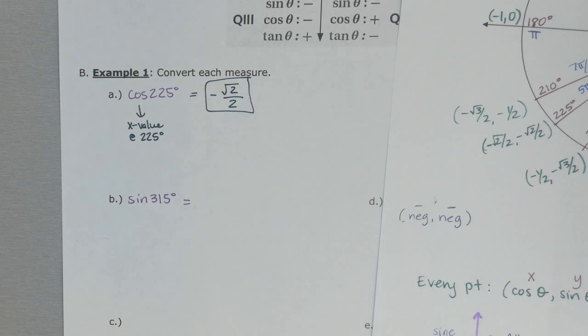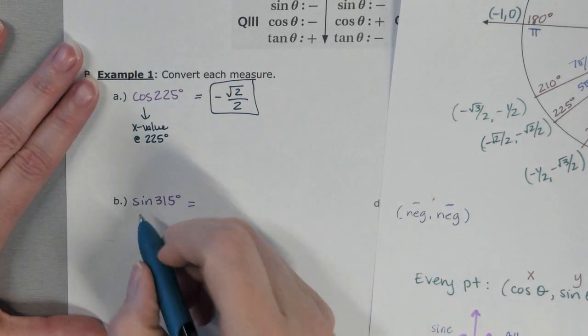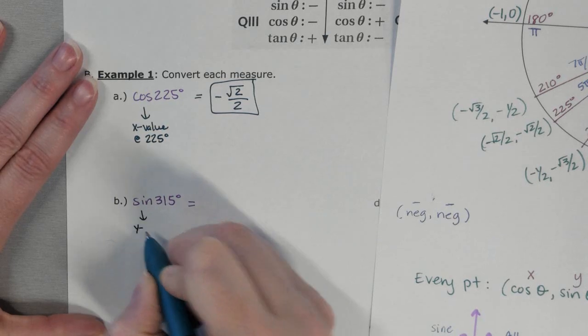How did we do? Okay, so if it's the sine, what coordinate do you have to use? You have to use the y. So be careful, because I think some of us may have found the x. Sine is the y value.